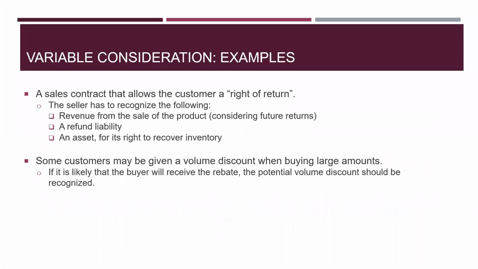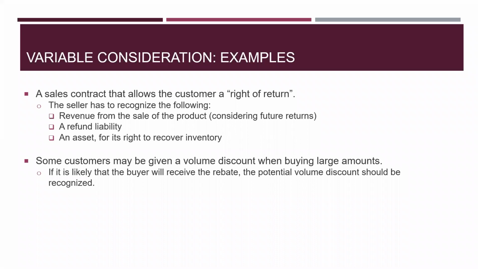Some of the examples under variable consideration here. A sales contract that allows the customer a right of return. In that case, the seller has to recognize the revenue from the sale of the product, considering there are future returns. For those future returns, they will have to set up a refund liability as well as an asset for its right of recovery of inventory.